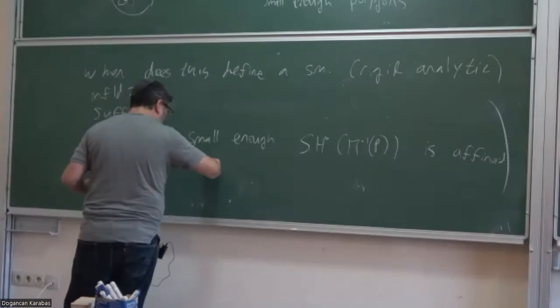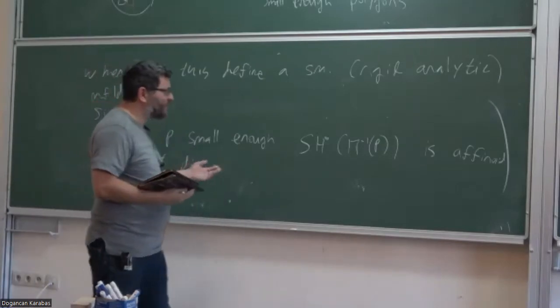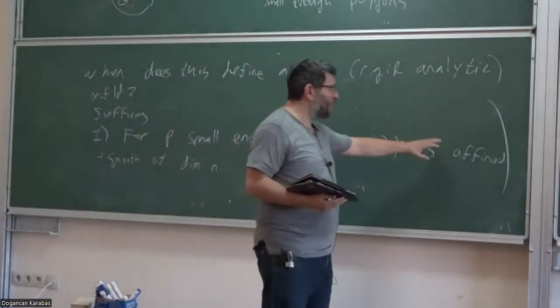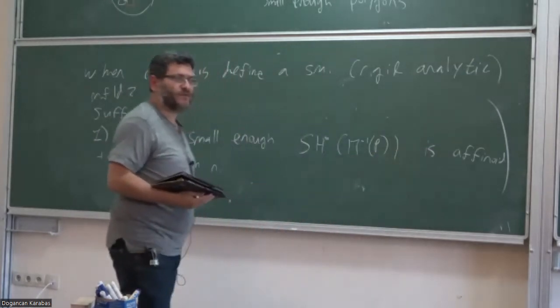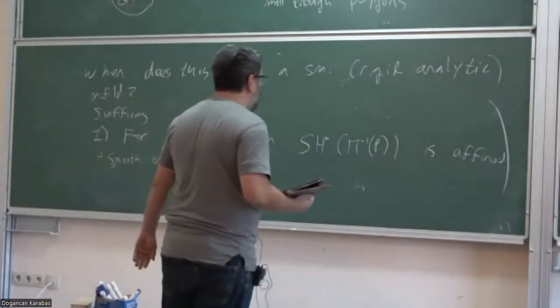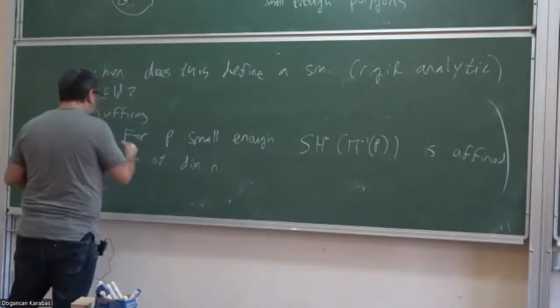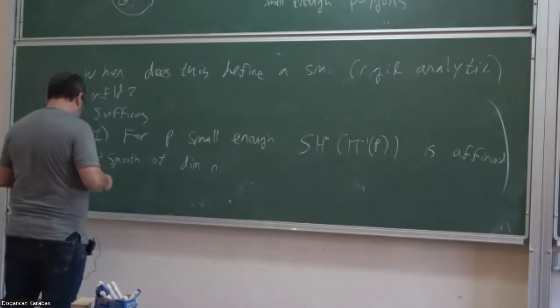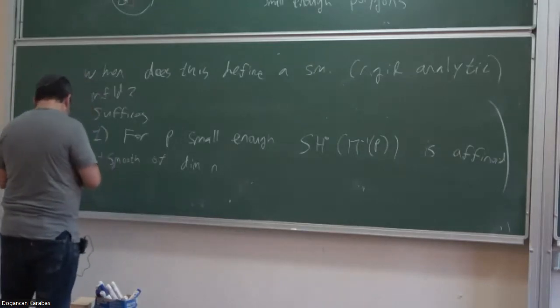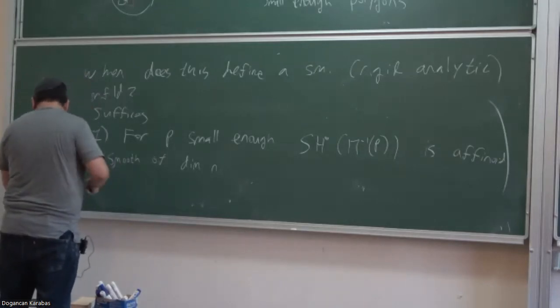And if you've never run into affinoid, it just means essentially some kind of completion of an affine; one way of thinking of it is analytic functions on some open set in an affine variety, or maybe a compact set in an affine variety.